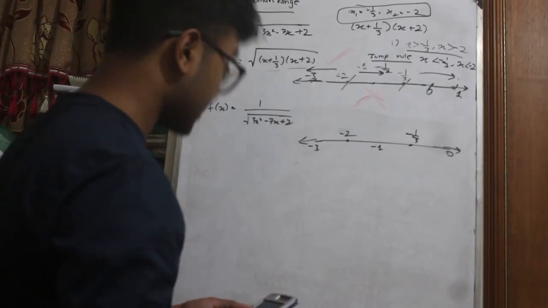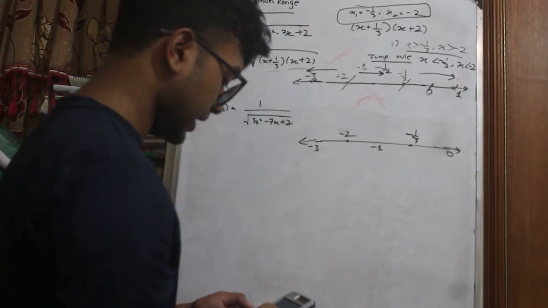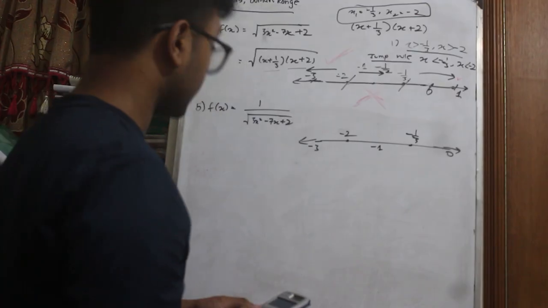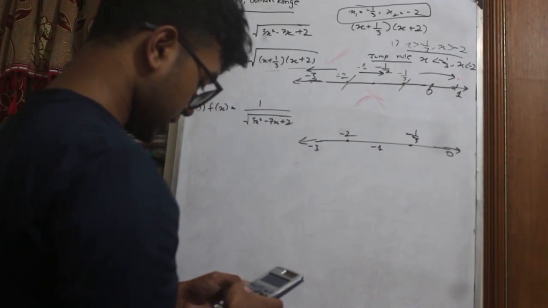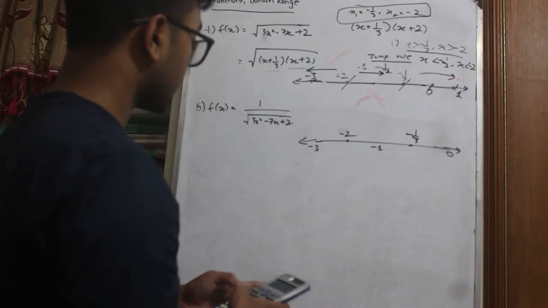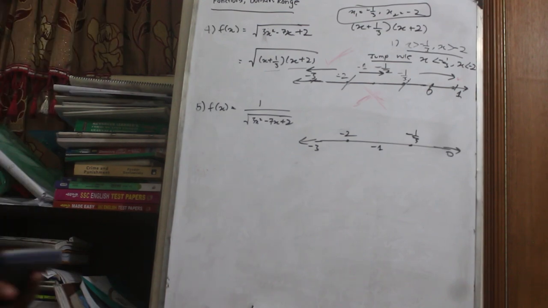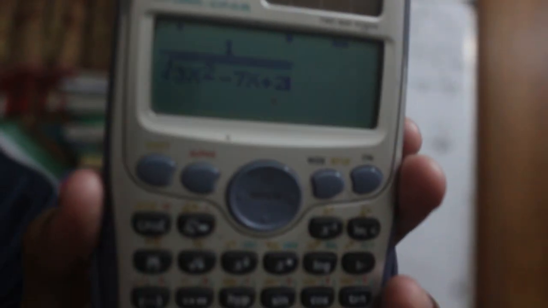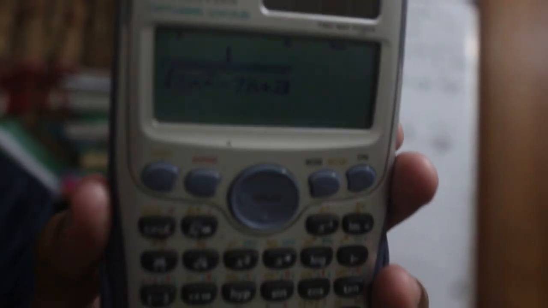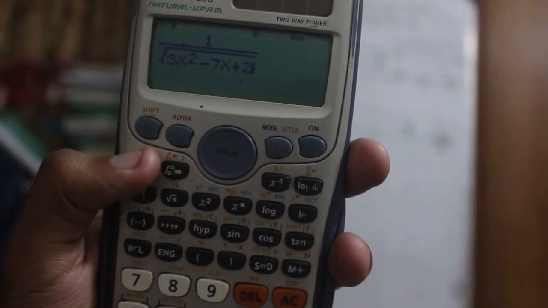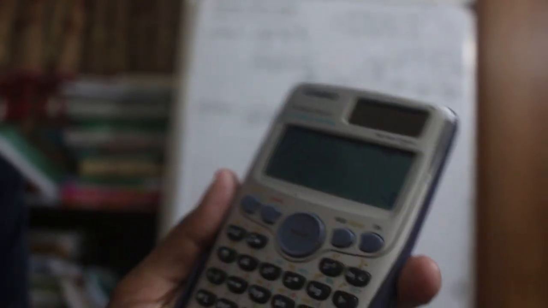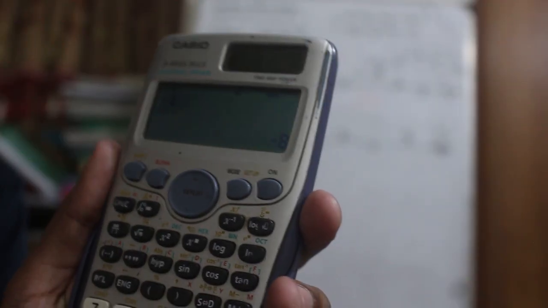Let me just put this equation in my calculator: 1 by root over 3x squared minus 7x plus 2. I just put this value in, and then I press a random value in it, for example, minus 1.